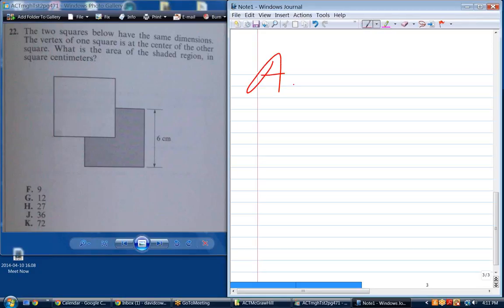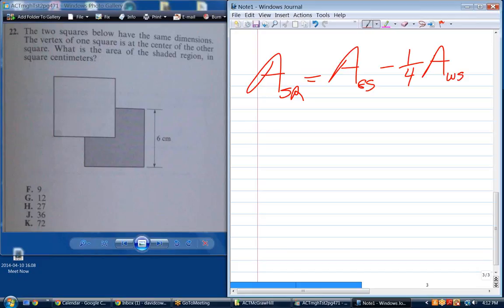Yeah, so first of all, let's say the area of the shaded region is equal to the area of the gray square minus what portion of this square are we going to subtract out? So 1/4. That's 1/4 of that white square. So I'm going to subtract 1/4 the area of the white square.